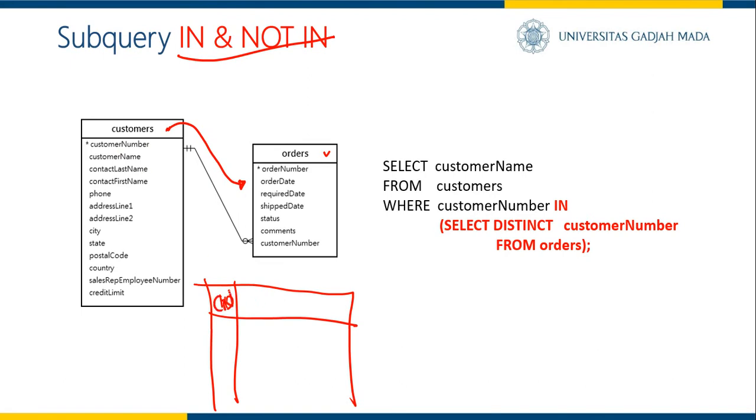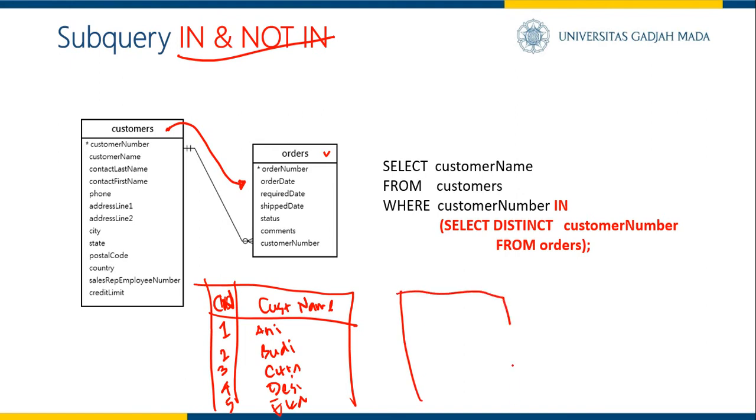Customer number. And then this is the customer name. For example, the customer numbers are 1, 2, 3, 4, 5. The customer names are Ani, Budi, Citra, Desi, Eka.